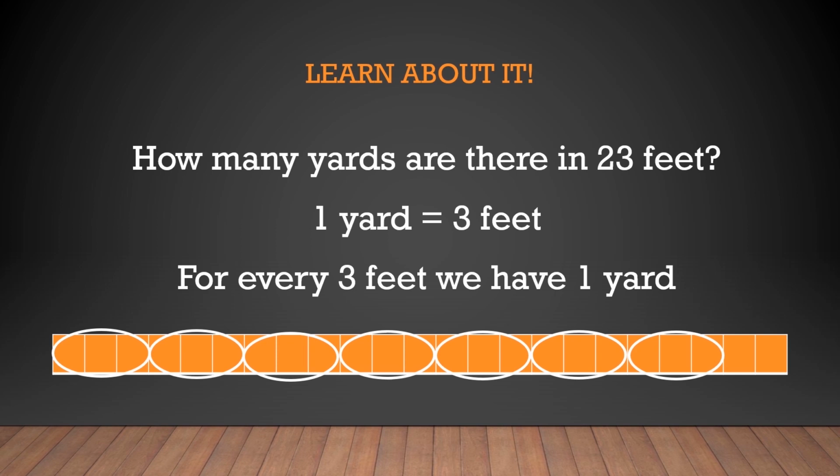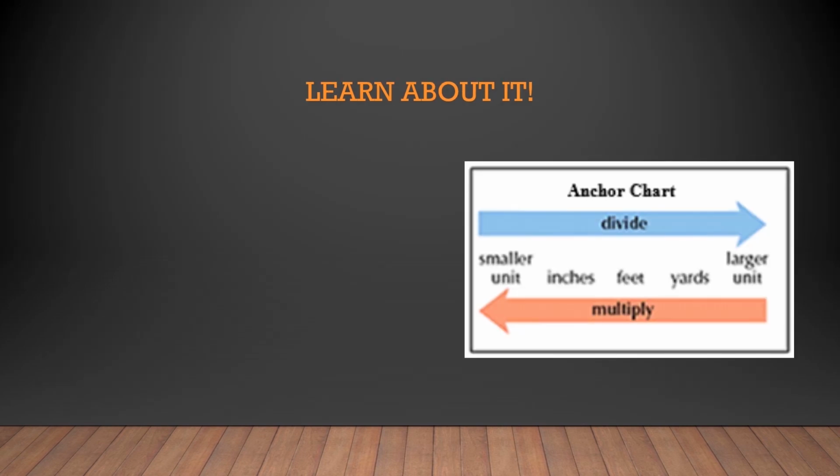Can we add another yard to the end of this? No, because we only have 2 feet, right? So this can also be seen as a division problem because we are starting off with our feet, which is a smaller unit, and we know that for every 3 feet we have 1 yard.